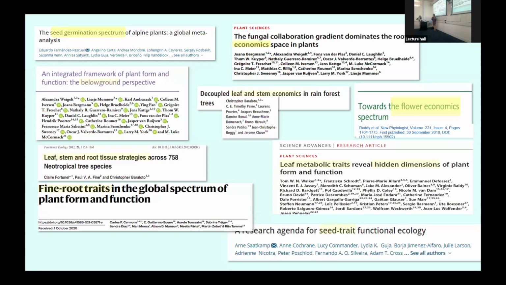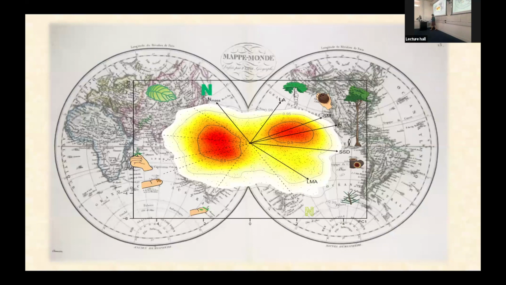The way to go is using these highly distilled phenospaces, like the ones I showed, and including the global spectrum for vascular plants.